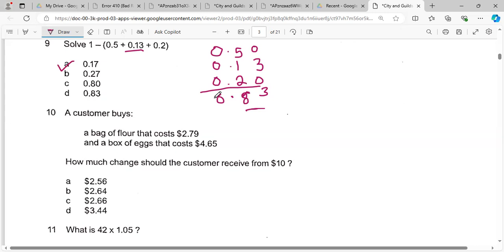When you subtract. Alright, a customer buys a bag of flour that costs $2.79 and a box of eggs that costs $4.65. How much change would the person receive? So we need to find the total first that it's gonna cost.